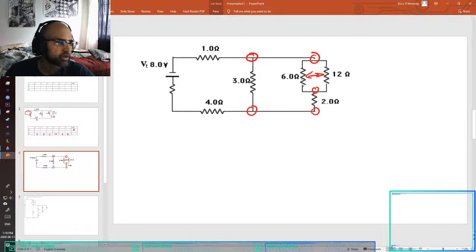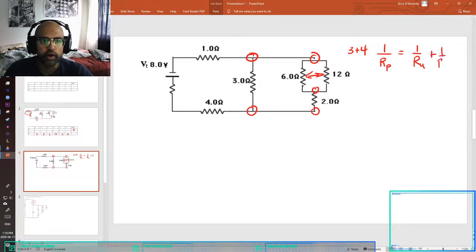What did I number them? 3 and 4. So if we do 3 plus 4, we have to use our parallel rules. 1 over RP is equal to 1 over R4 plus 1 over R3. 1 over RP is equal to 1 over 6 plus 1 over 12. Actually, these are nice numbers.